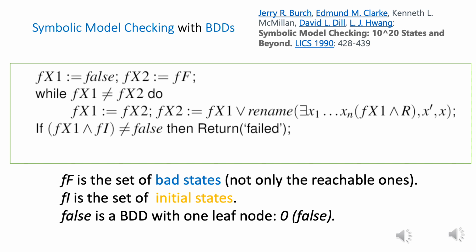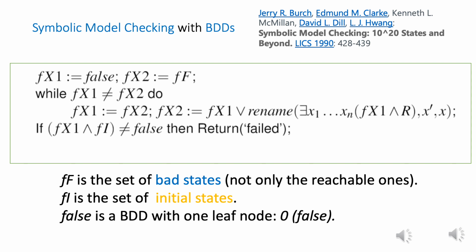The following procedure is very similar to the procedure we saw before, only that we replace sets of states by BDDs representing sets of states. So we replace x1 and x2 by 2 BDDs, fx1 and fx2.